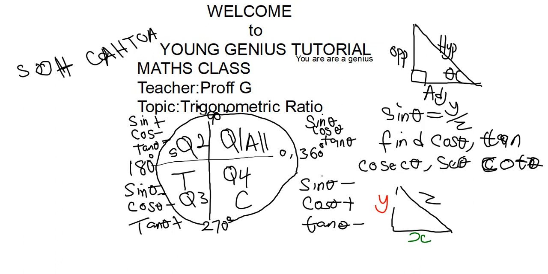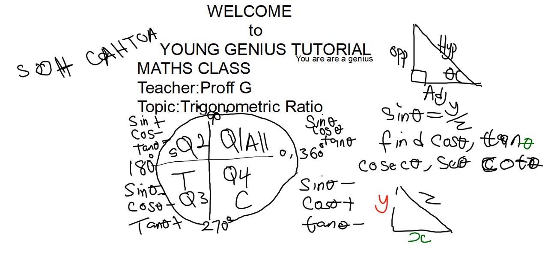Now you are asked to look for sin theta, cos theta, and tan theta. So how are you going to get each of these ratios? For you to get each of them, you need to use this abbreviation formula, which is known as SOHCAHTOA. Since you've gotten this formula already, all you need to do right now is bring it.